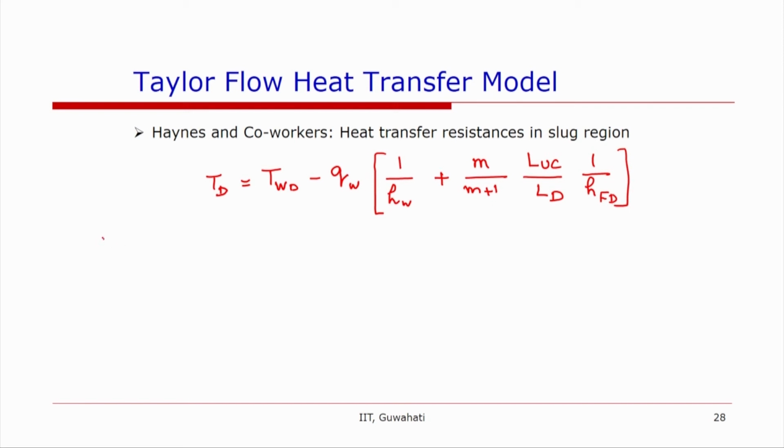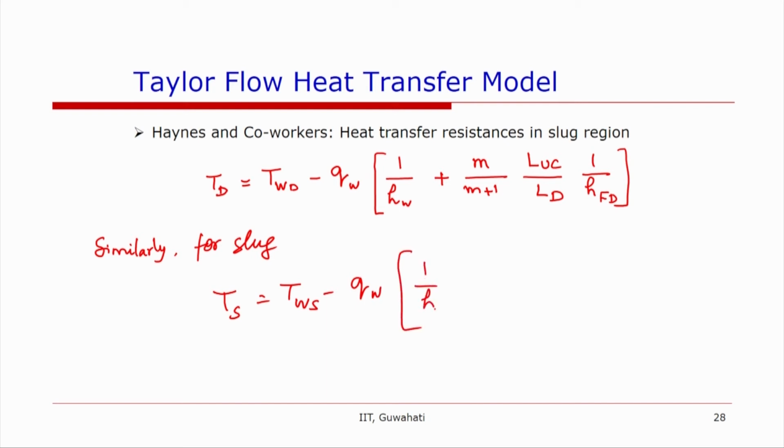Similarly, for slug, one can write T slug is equal to T wall slug minus QW (1 over HW plus 1 over M plus 1 LUC over LS 1 over H F slug).